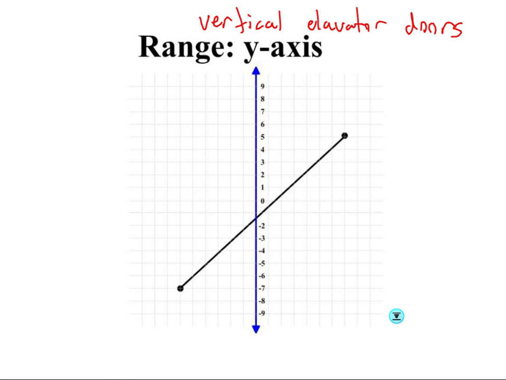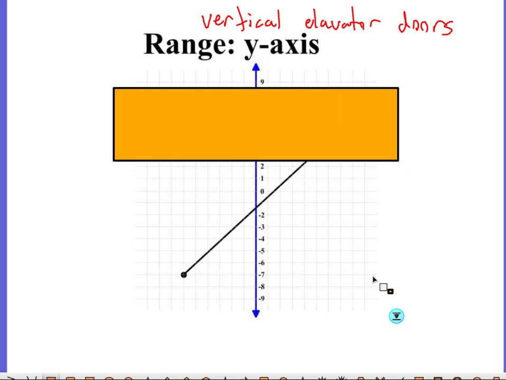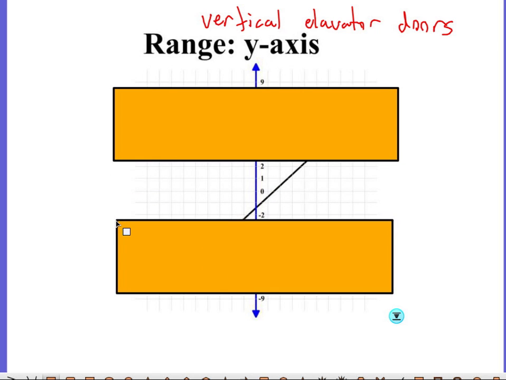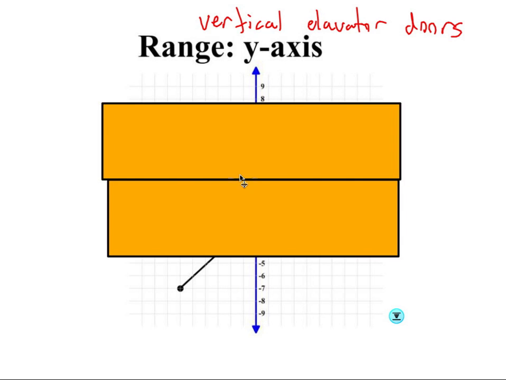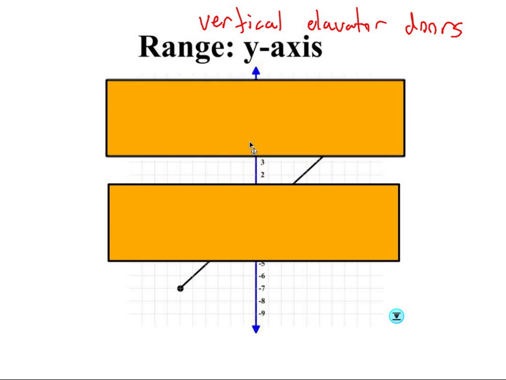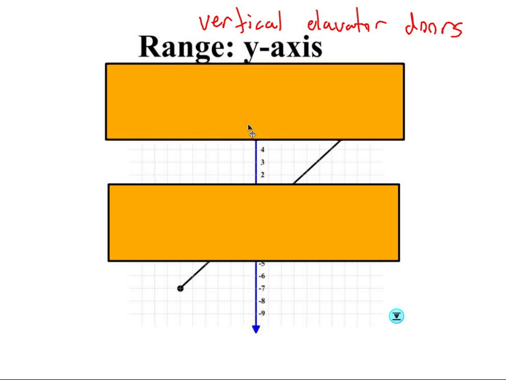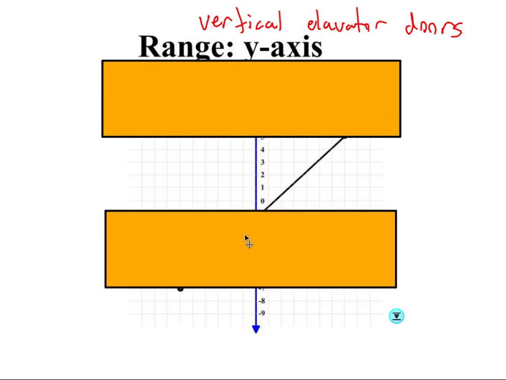So let me go ahead and draw my elevator doors. Here's one and here's the other one. So vertical elevator doors do exist. So let's go ahead and open these elevator doors just enough so that the function barely fits through.